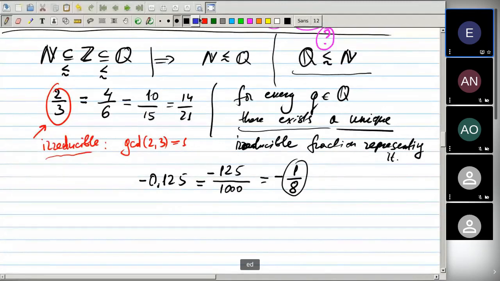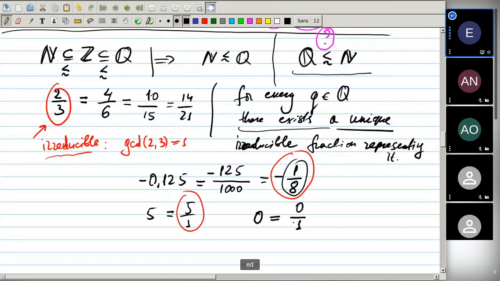Yeah, it's clear. And what if you consider, say, something integer, say 5? What is the irreducible fraction for 5? 5 over 1. Exactly. What else? But more complicated question. For 0, what is the irreducible expression for 0? 0 over 1.